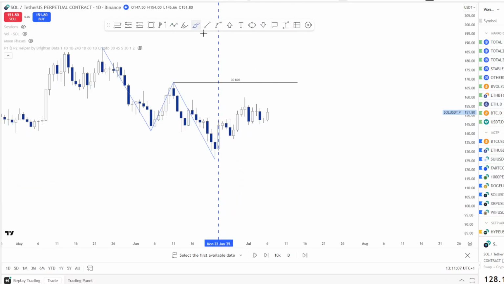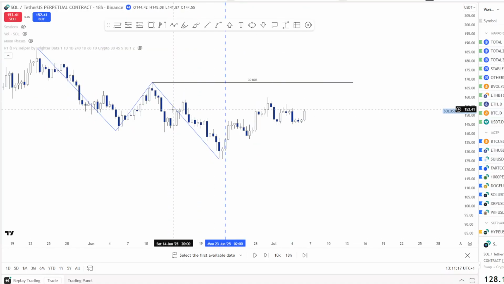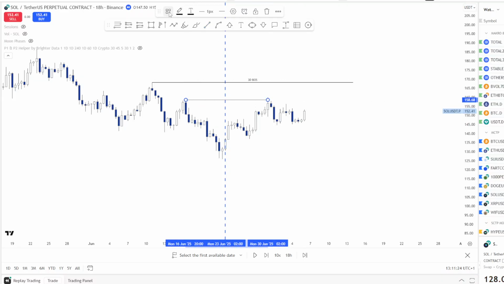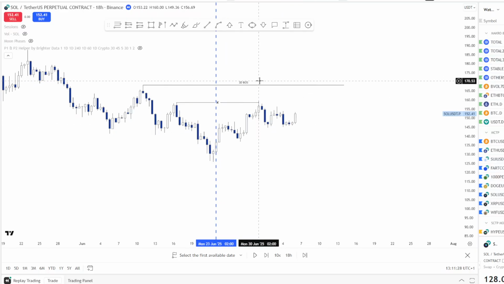And now we can analyze what is going on here. Can we refine this level 3 down? And yeah, we can. This is our 18-hour market structure high. We SFP'd it, got a reaction away. So we extend this high.